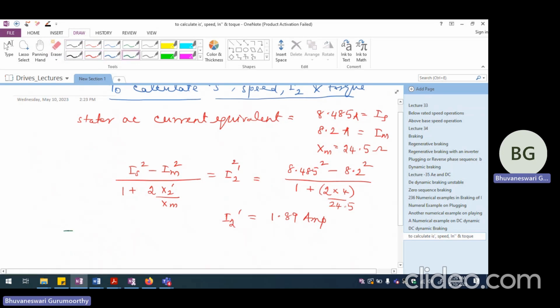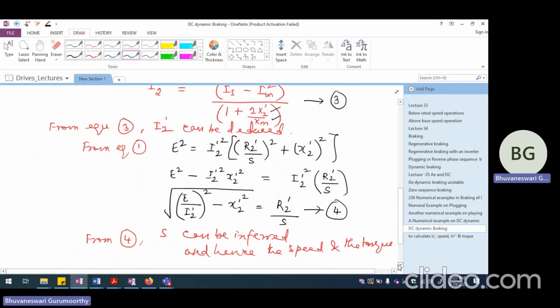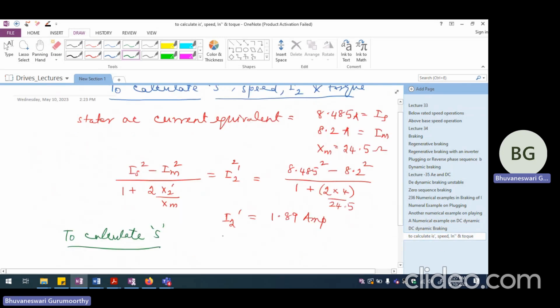The next step is to calculate the slip. So to calculate capital S, which is actually 1 minus S, I should be able to calculate this using equation number 4, whatever we have written. So E is already given. E is 201 volts and I2 dash is given.